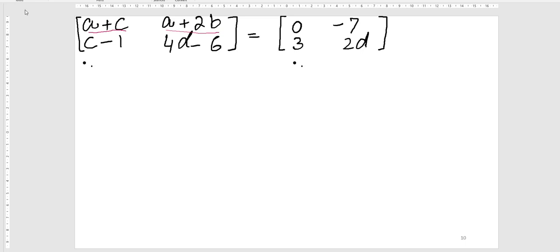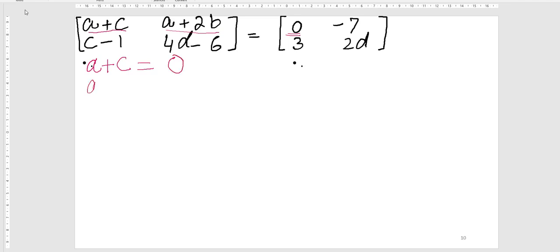We will start from here. In this question, you have to find out the value of a, b, c, and d. Then we will put these values in the left hand side. It should be equal to the right hand side. So how will we find the value of a, b, c, d? a plus c is equal to 0 because the corresponding entry in the next matrix is 0.